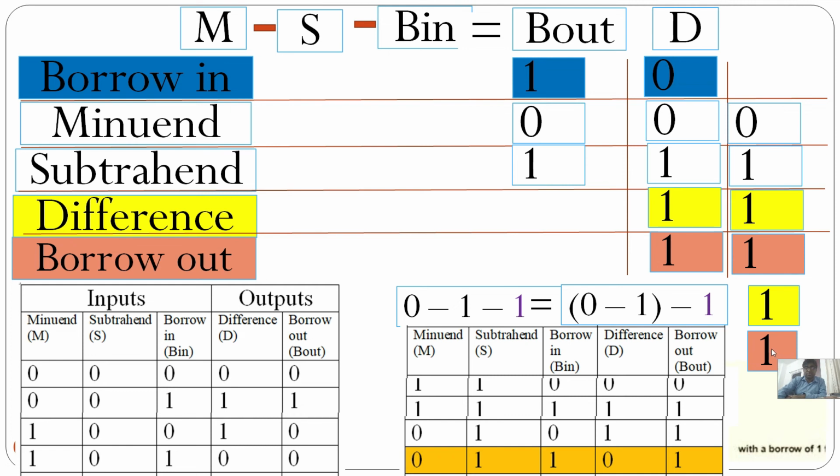If the borrow is generated, we have to write the borrow out. Now the difference is 1. Next step, 1 minus 1, the difference is 0. So we have to write here 0.